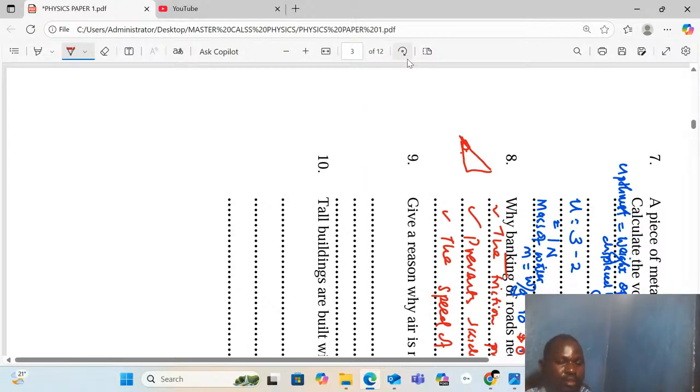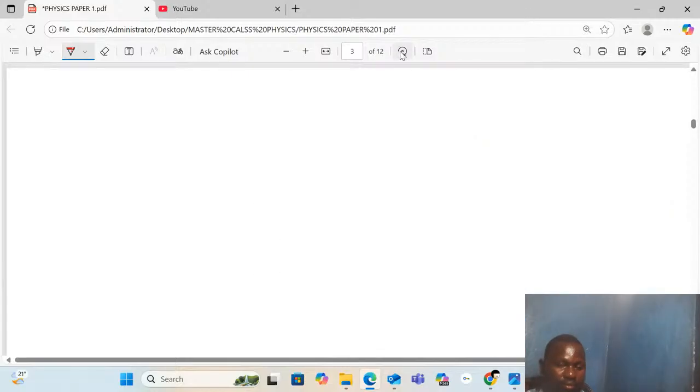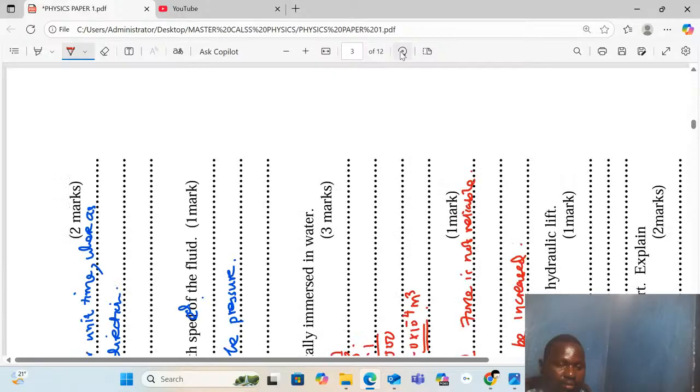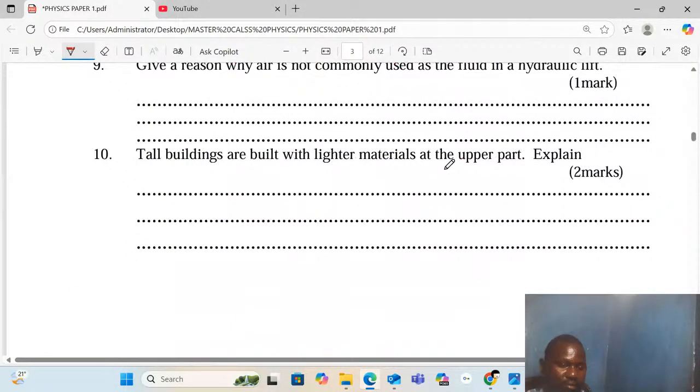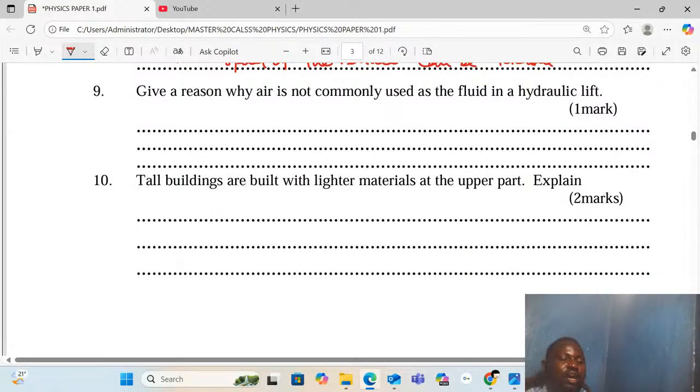We have now question 9. Give a reason why air is not commonly used as a fluid in a hydraulic lift.